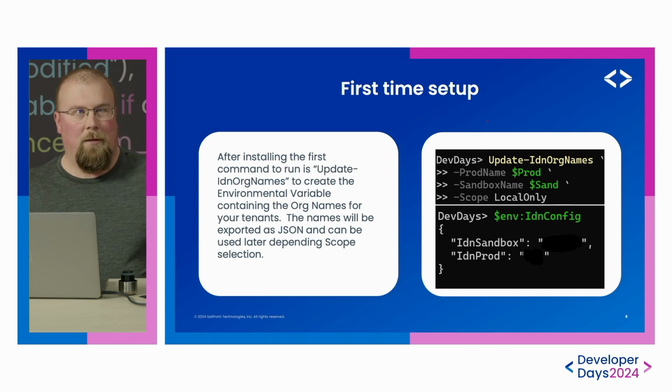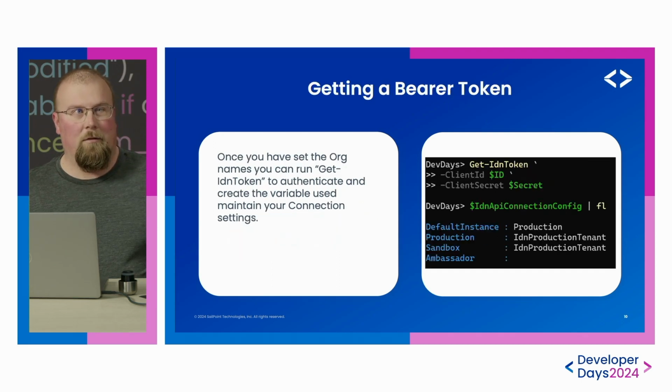So once you've got that done, you are free to run the get token command, where you'll need to pass your client ID and secret. Yes, authentication is intentional because there's no config files for this, but that allows you to stay in control of your credentials. So if you've got a password manager, private or PAM tool within your enterprise, or just saved locally in some kind of vault like Windows Credential Manager, wherever you want to get them, it's entirely up to you.